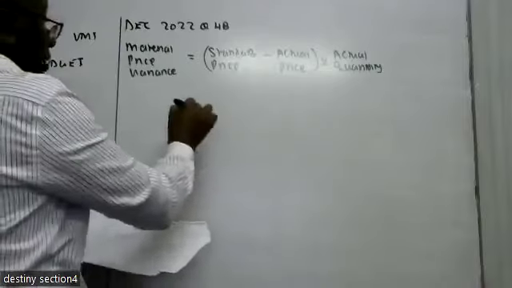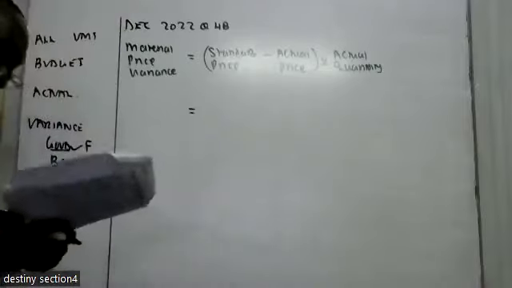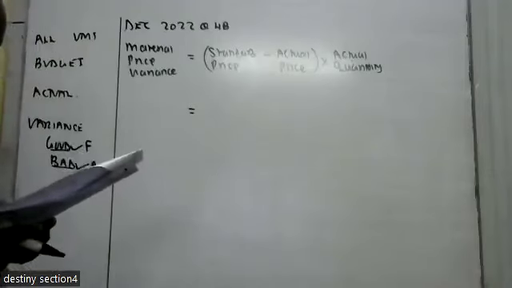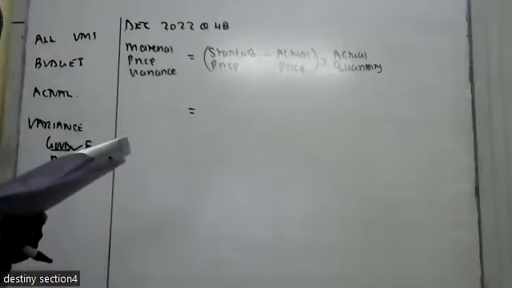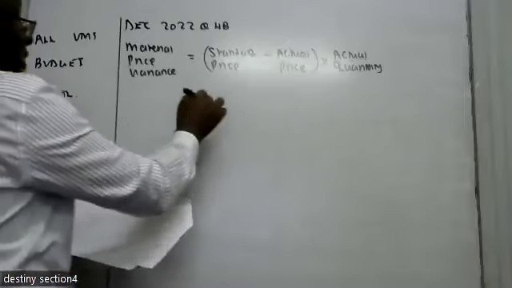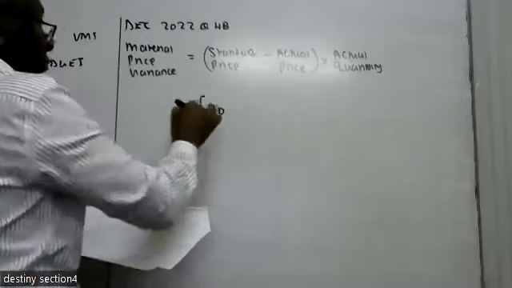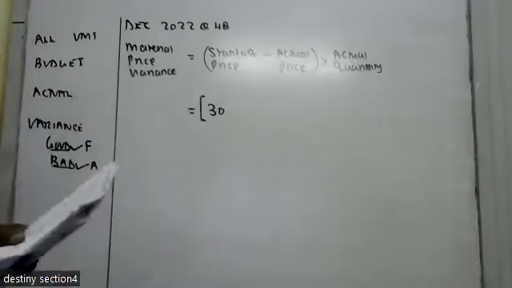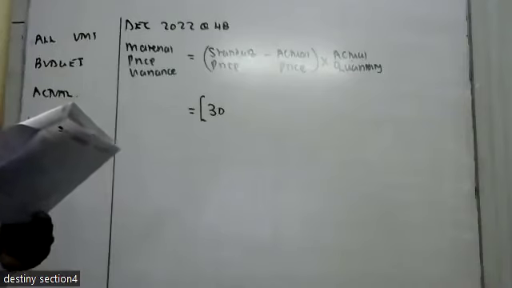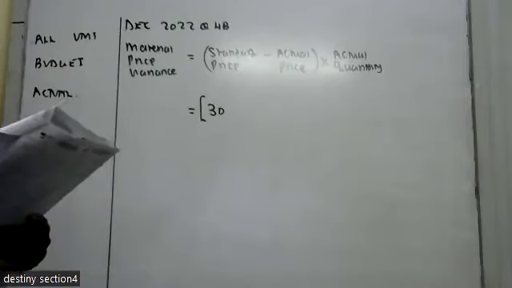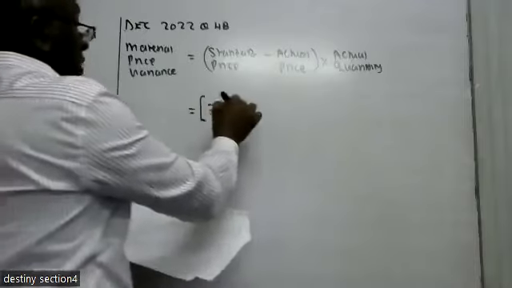So you come here and go to the standard. When you go to the standard, you look up there where there are materials. We are told it is 15 square meters at how much per square meter? 30. So that is called the standard price. Then you go down to the actual figures. Where there is material, they bought 22,000 square meters at how much?